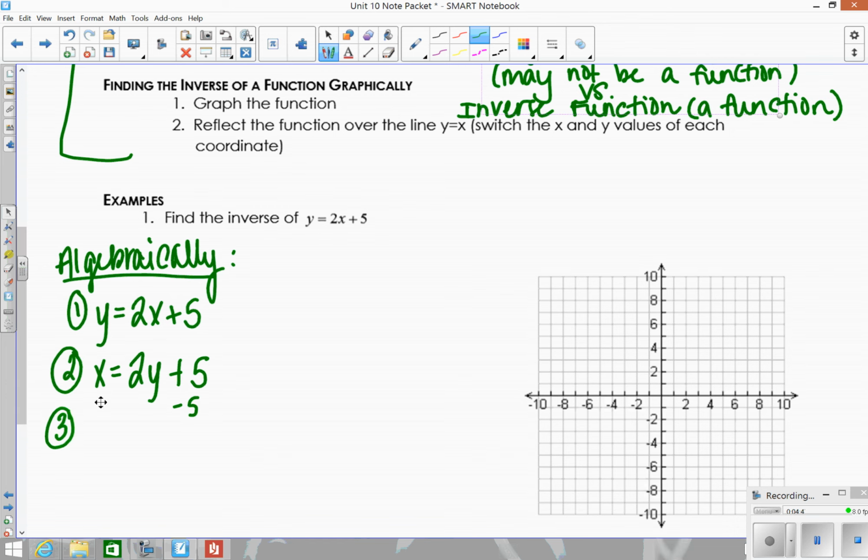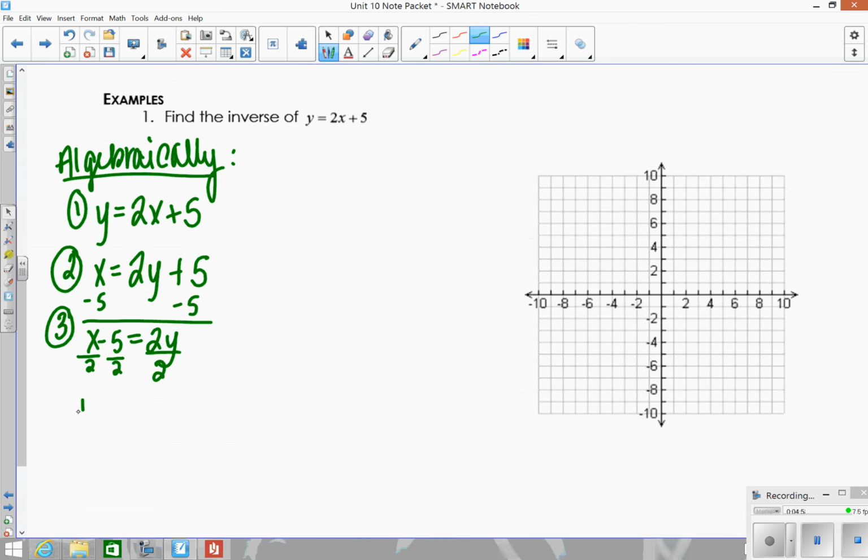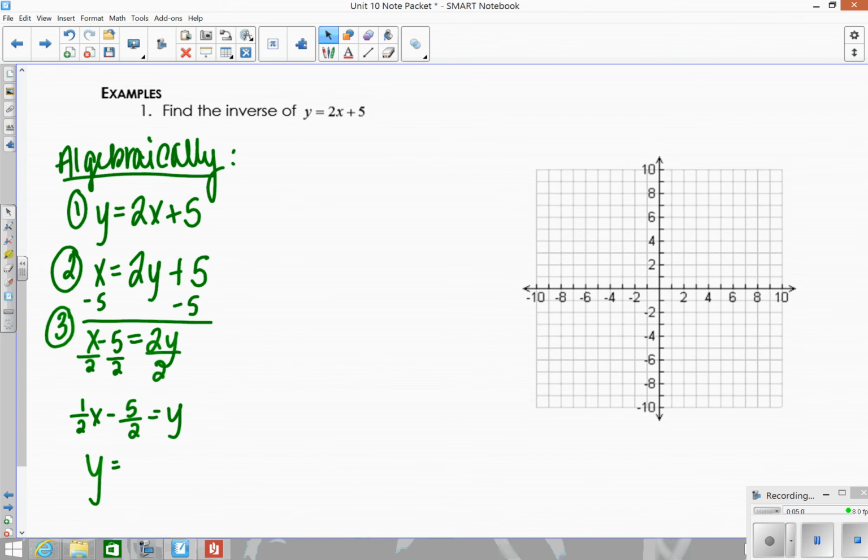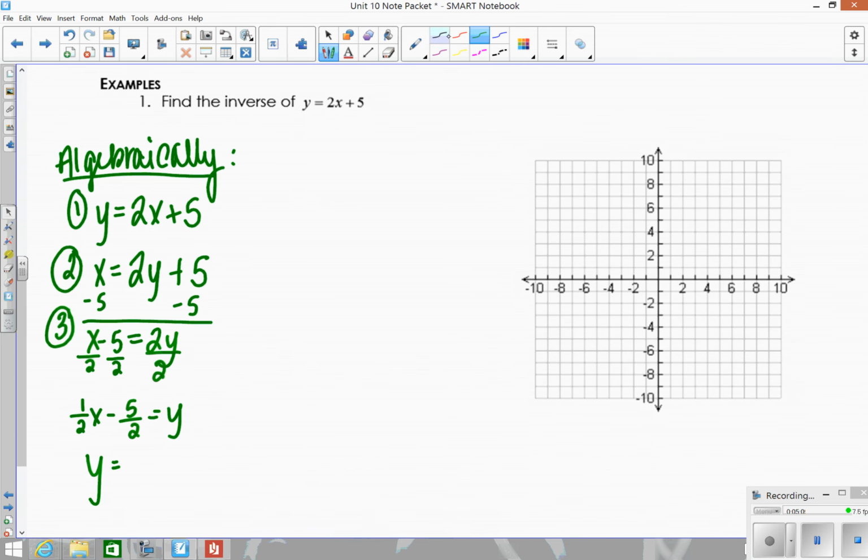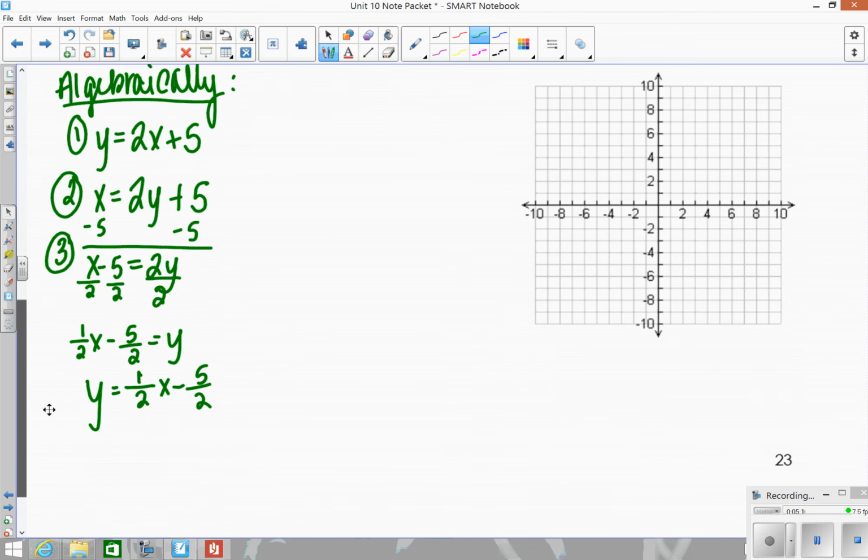I'm going to subtract 5 from both sides, so we get x minus 5 equals 2y. I'm going to divide everything by 2. So we get 1/2 x minus 5/2 equals y, or y equals 1/2 x minus 5/2. So this would be my inverse of the original function.